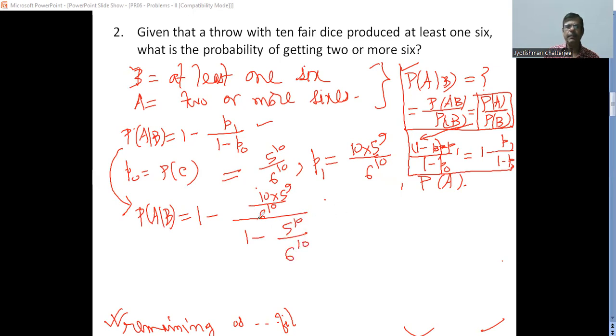Now here, let's multiply both numerator and denominator by 6 to the power 10. That way, we will get 10 times 5 to the power 9 divided by 6 to the power 10 minus 5 to the power 10. This is the final answer.